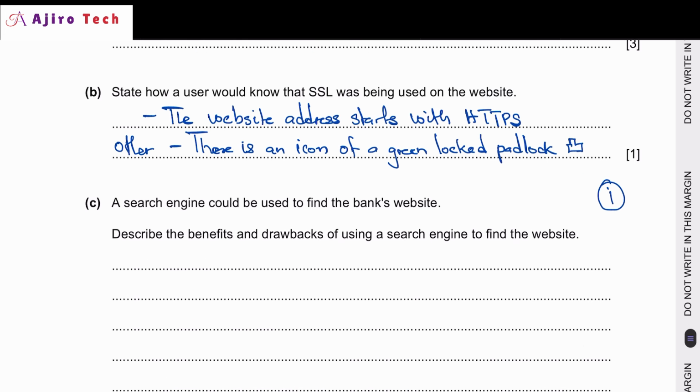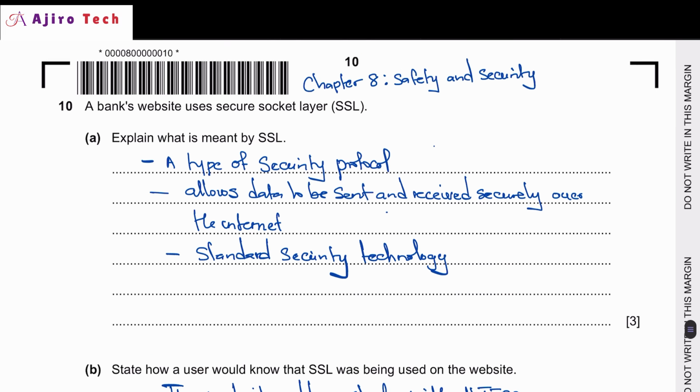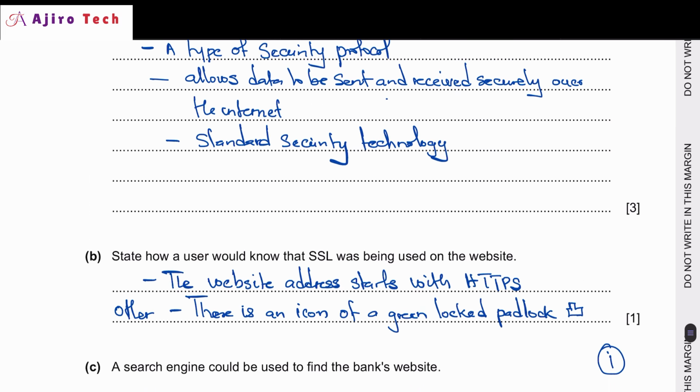Okay. A search engine could be used to find the bank website. Describe the benefit and drawbacks of using a search engine to find websites. So this is chapter 8, safety and security.